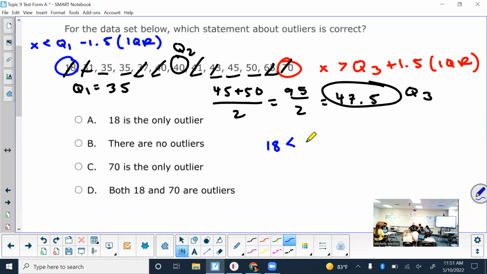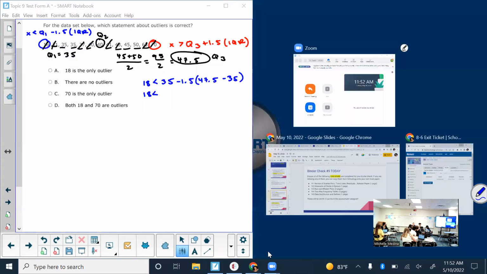Less than Q1, which we said is 35, minus 1.5 times the IQR, which is Q3 minus Q1. So I'm just going to write it in there and let the calculator do it for me. 47.5 minus 35. And then I put that all in my calculator, and you should be able to put that whole thing in Galileo too, with no issues, hopefully.